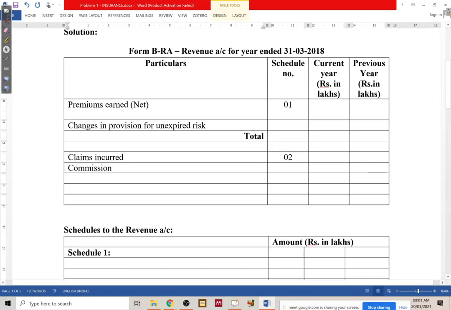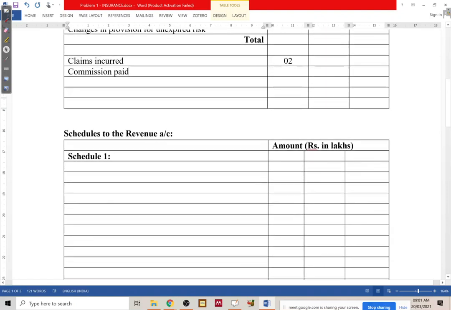This is generally the commission paid. We always write it as commission paid because these are under expenses. Even if commission is received, we adjust it with this commission paid. In the schedules that we will prepare, 1, 2, 3 and 4, we will adjust whatever commission is received and paid, everything at once, and get a final amount to transfer here in our revenue account.